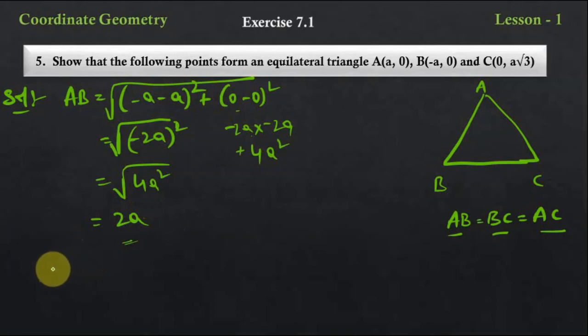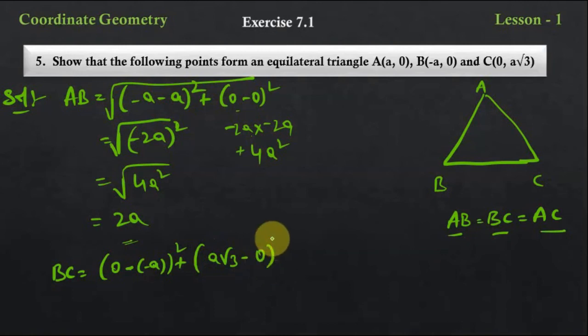Similarly, we will find the BC length now. So same, x2, here the x2 value is how much? 0, minus of minus a, again minus a is there, whole square, plus y2 is a root 3, minus y1 which is 0, whole square, under root.